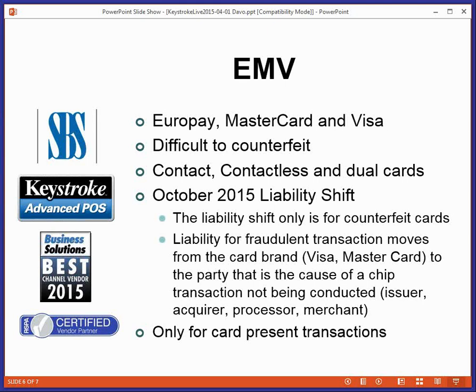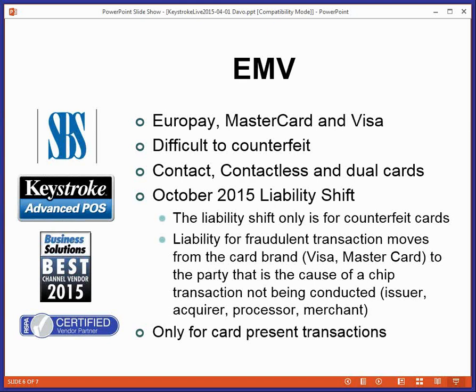You hear a lot about the October 2015 liability shift. Again, this shift is only for counterfeit cards. This EMV takes care of that one thing, the use of counterfeit cards.